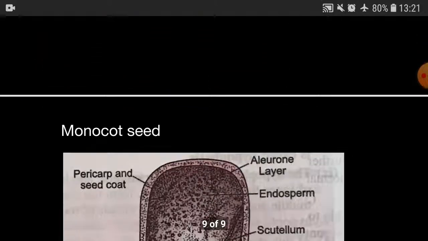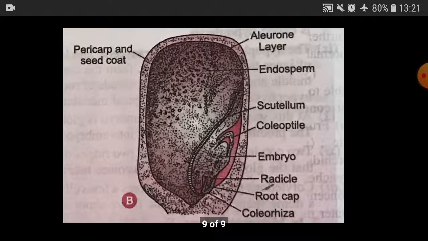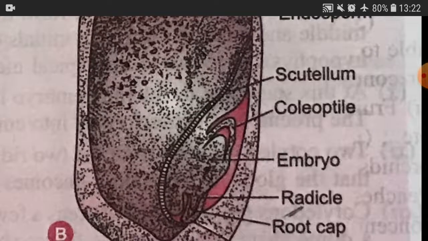And in a monocot seed, here you can see the presence of endosperm, which is filling up most of the part, and then above it is the aleurone layer and the pericarp and the seed coat. On the right side, I'll enlarge it for you.